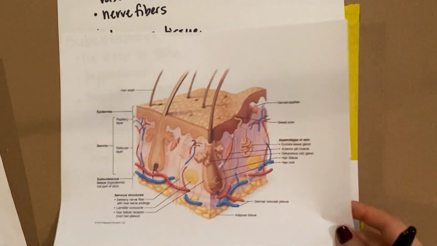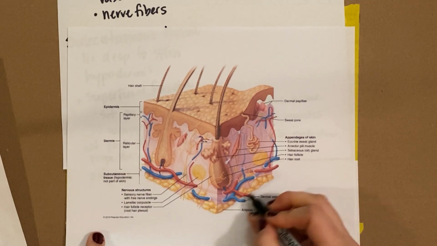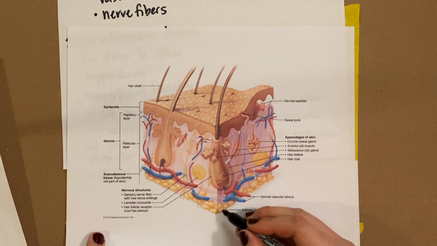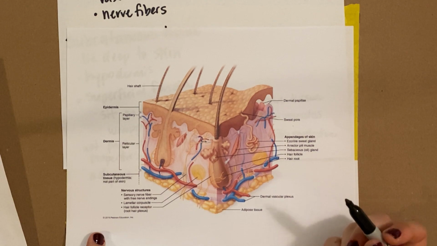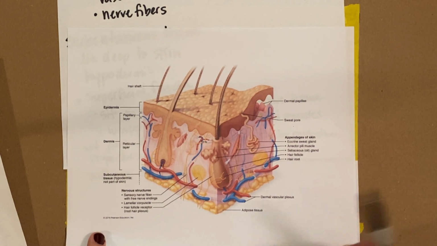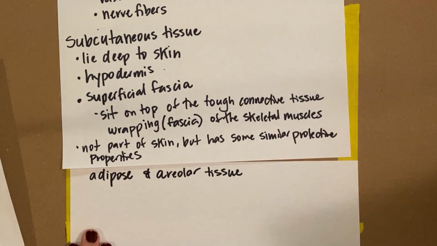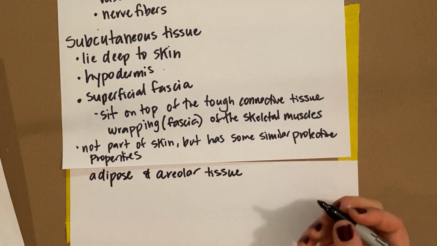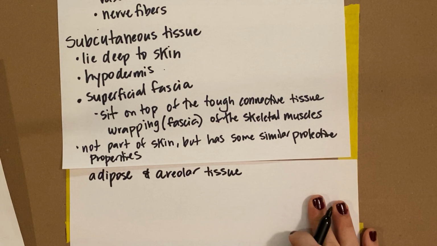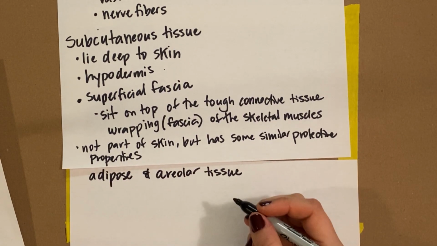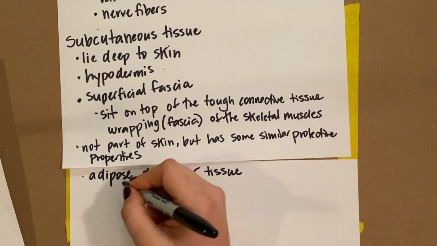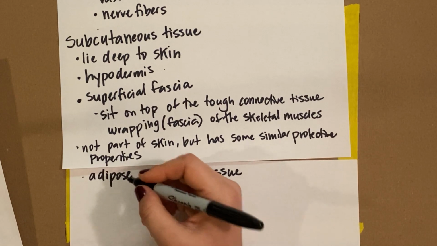So you can actually see it on this picture. It's going to be kind of down here. We have some adipose tissue that you can see. You can't really see much of the actual areolar, but it is in that area. Okay, and what this subcutaneous tissue layer is going to do is store fat.